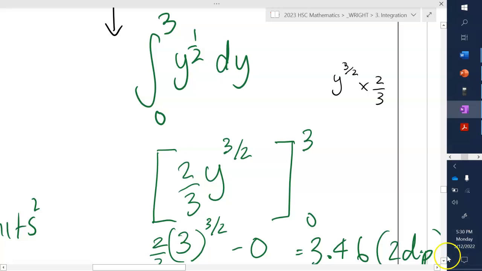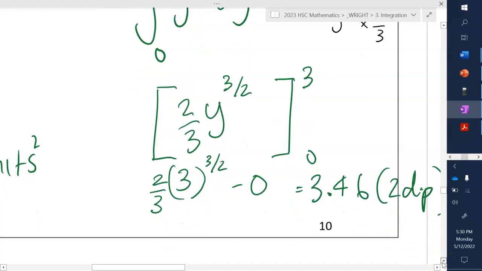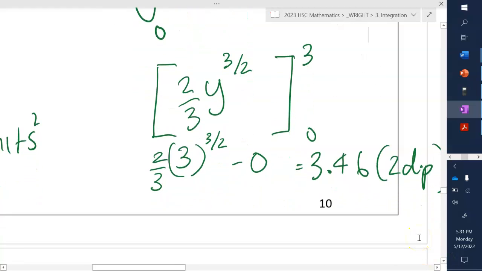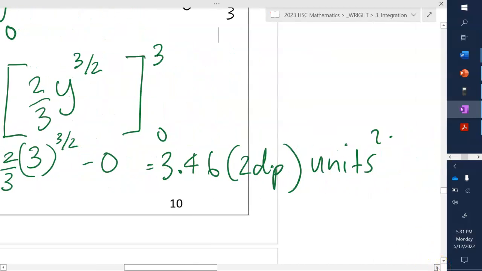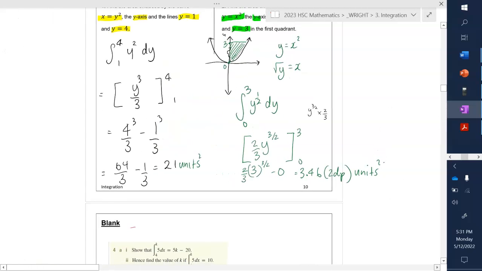Now we can enter our upper and lower limits, 3 and 0. We have 2/3 times 3 to the 3 over 2, minus, when we put 0 in, everything goes to 0. So we're left with 2/3 times 3 to the 3 over 2. Put that in your calculator and you get 3.46, to 2 decimal places, units squared.